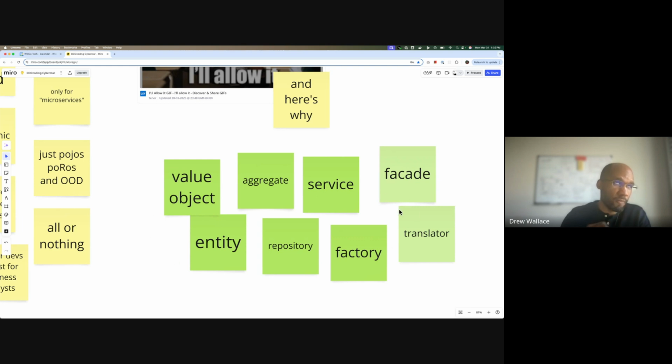These are all called out explicitly in the book as types of objects that hold business logic. But they're responsible for different design concerns with your business logic. And these types of objects make up what you would call the model in your code, or the domain in your code.